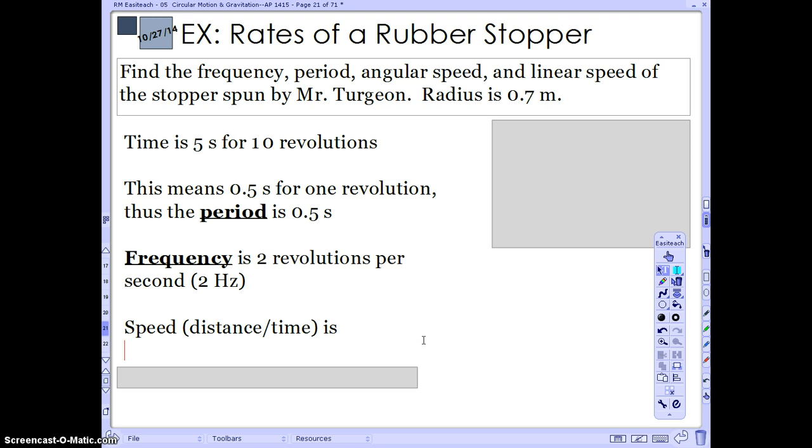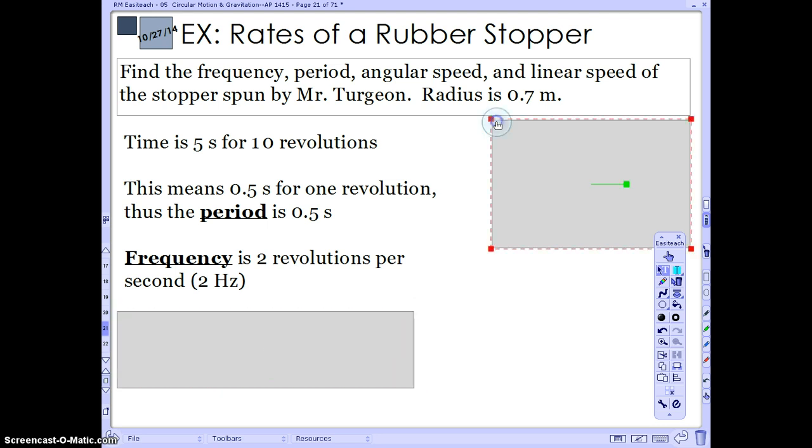And speed is, well, let me go back to frequency for a sec. So let's look at some equations. We have this pair of equations that involves frequency and period.